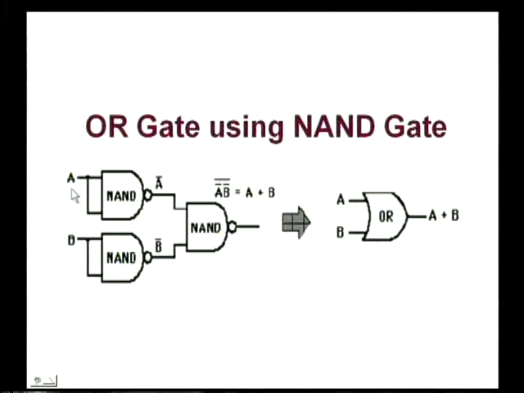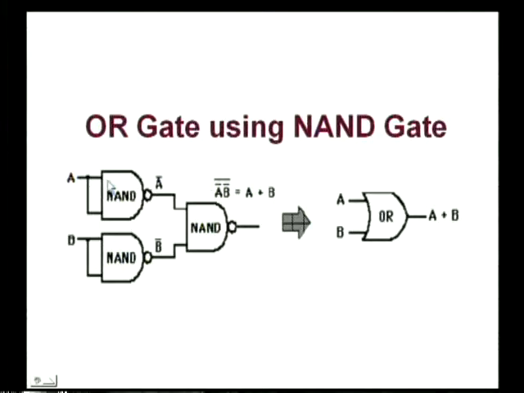When we apply the input signal A through the first NAND gate used as an inverter, we get the output as A bar. Similar is the case when we apply the input as B. This NAND gate acting as an inverter produces the output B bar. When these two inputs A bar and B bar are applied to this NAND gate, it produces an output (A bar ANDed with B bar) whole bar.